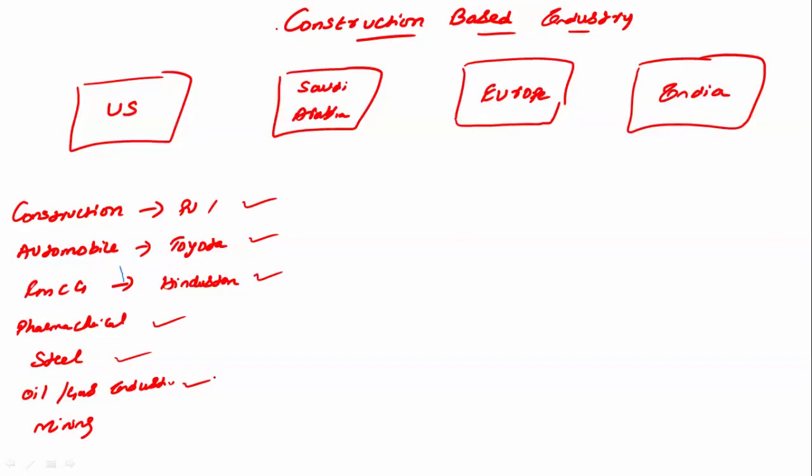Okay. Now, as I mentioned, they have 4 plants. I'll call them 4 plants, or I'll call them 4 legs. And they mentioned that they are a construction-based industry.